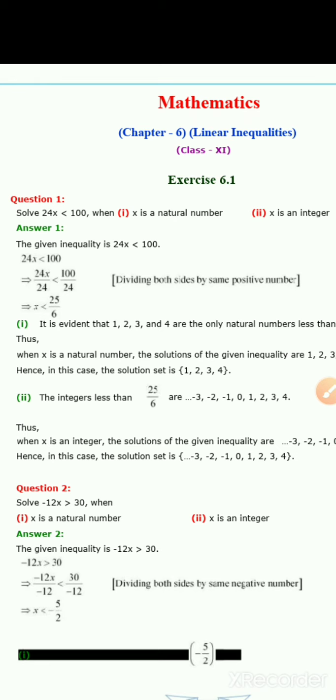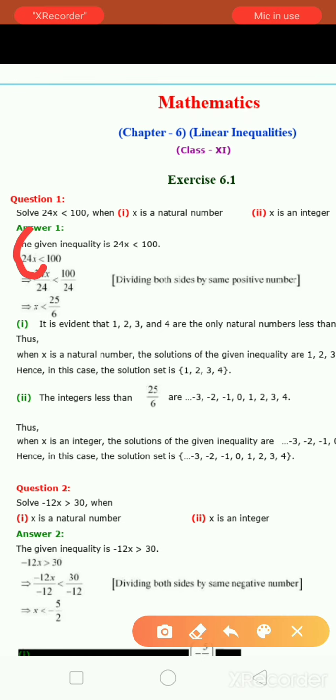In the first question, 24x is less than 100. Here you can see 24 into x. Your aim is to have only the x term.